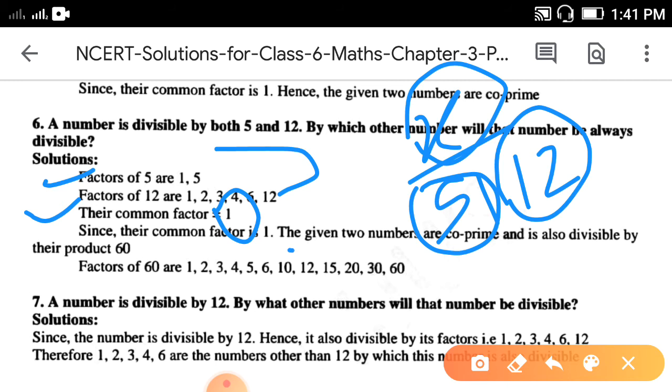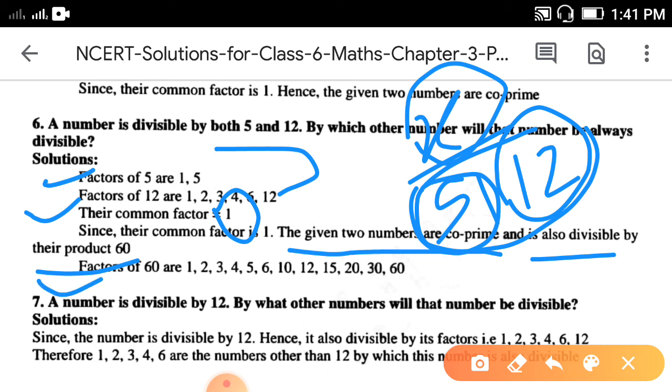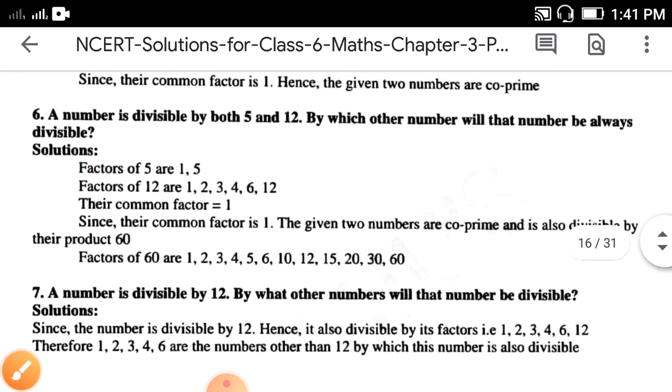The given two numbers are co-prime, since 1 is the common factor, and x is also divisible by their product 60. 5 twelves are 60, so the number is divisible by 60. Factors of 60 are 1, 2, 3, 4, 5, 6, 10, 12, 15, 20, 60. So the given number is divisible by 5, 12 and their product 60.